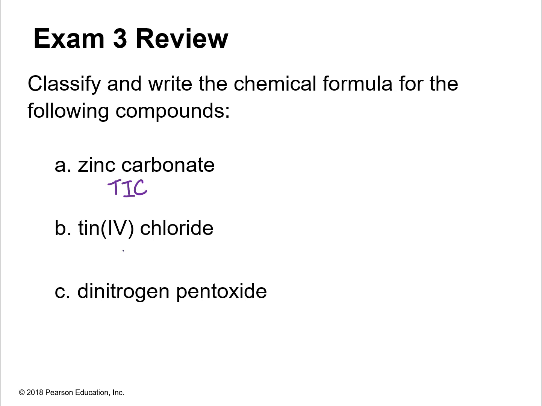Tin 4 chloride is a binary ionic compound because it's comprised of a metal and a nonmetal. Dinitrogen pentoxide, there's 2 nonmetals here. So it's going to be a binary molecular compound.